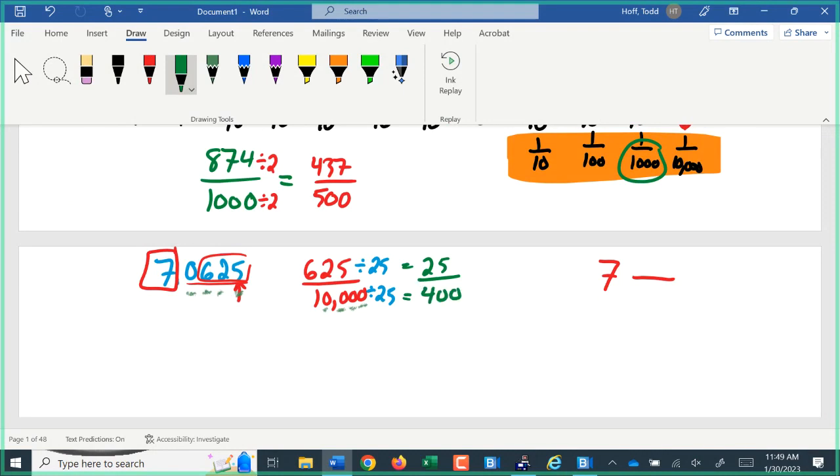Now you can see that both of those can still be reduced by 25. 25 divided by 25 is 1. 400 divided by 25 is 16. That is 1/16 is the fraction form. Now remember the whole number of 7, so that is 7 and 1/16.